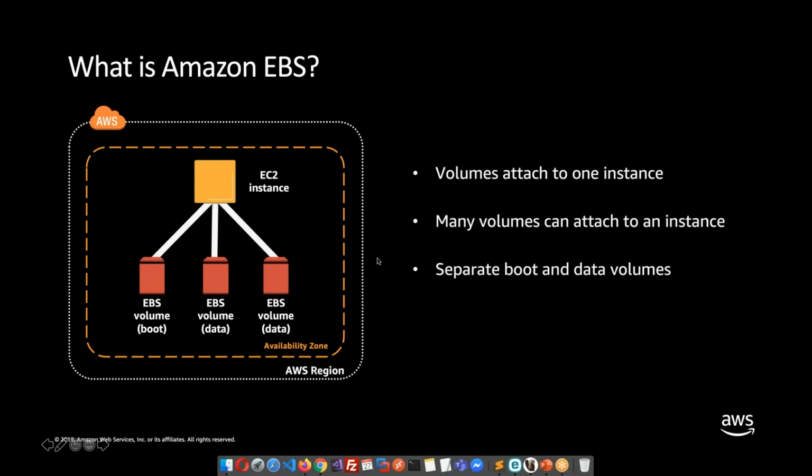You can create up to, I think, around 19 volumes. That's the maximum number of EBS volumes you can attach to an EC2 instance, so that's way huge in terms of capacity.